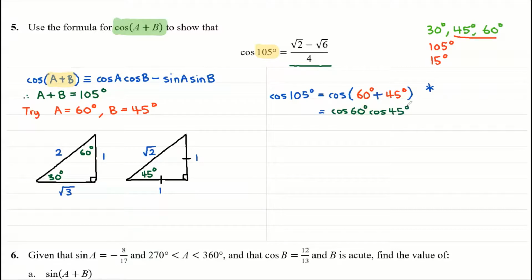And then I'm going to subtract the sine of 60 degrees and the sine of 45 degrees, the product there. Okay, so that's just straight from the identity. I was just reading it off in front of me.